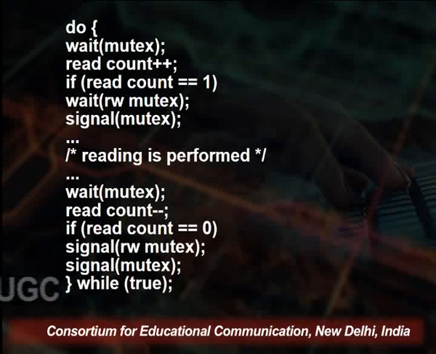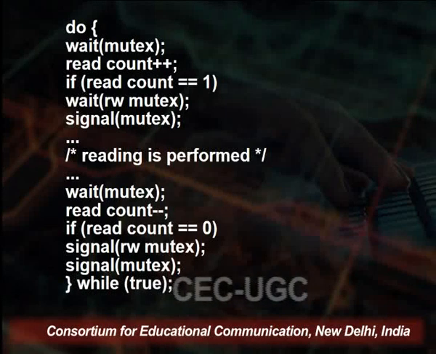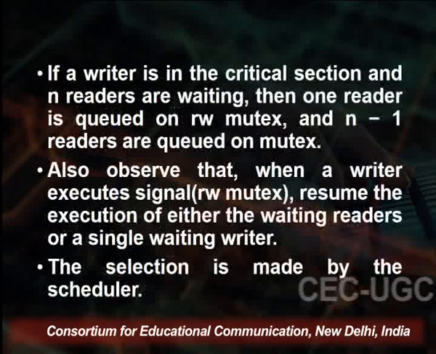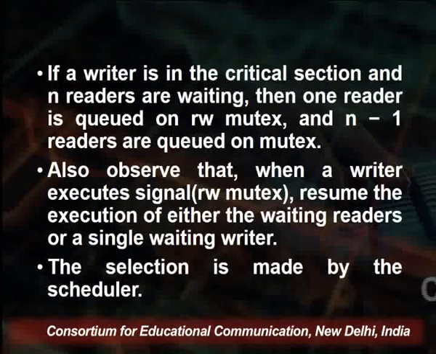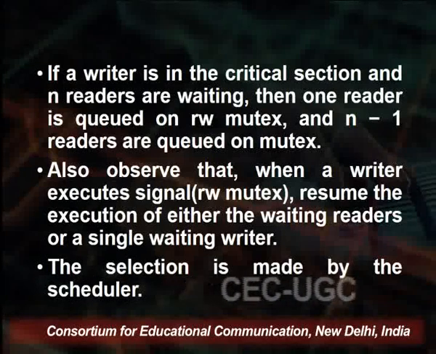So this is what the process is when we talk about the solution to the readers writers problem. We can also understand this by the fact that if a writer is in the critical section and n readers are waiting, then one reader can be taken on the RW mutex and the other n-1 readers can be queued on the mutex only.